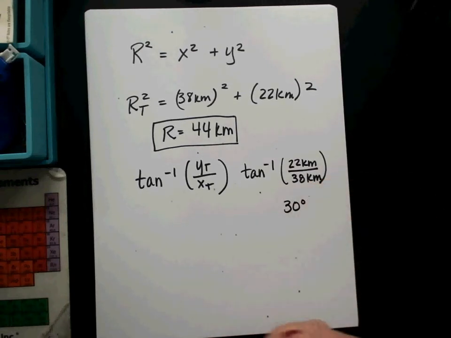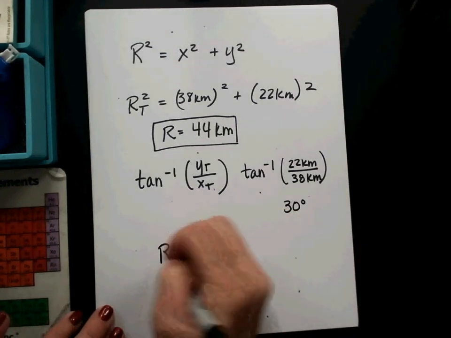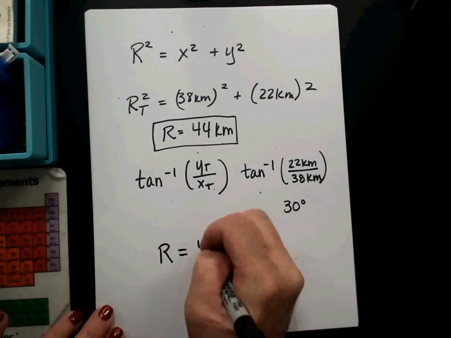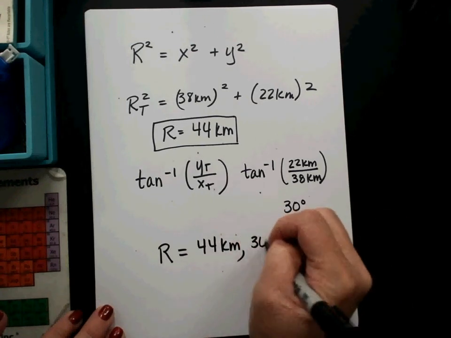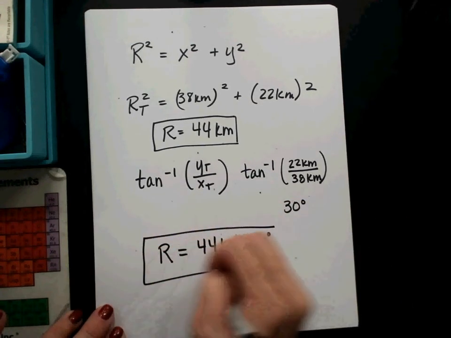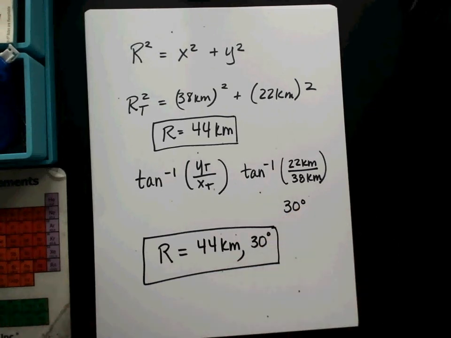That's good. So, you guys agree with them? So then I would write this, R equals 44 kilometers, 30 degrees.